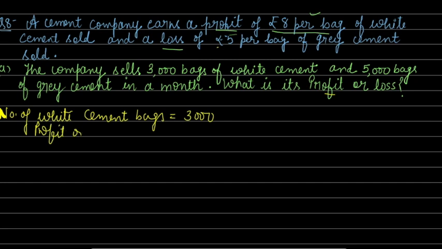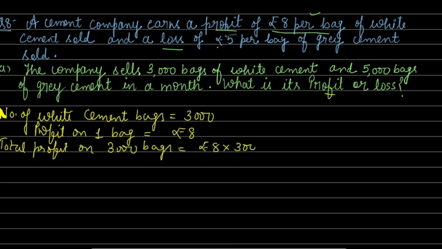So profit on one bag is how much? Rupees 8. So what will be your total profit? Total profit on 3000 bags will be rupees 8 into 3000, right? And which comes out, 8 threes are 24,000. So this is one equation.